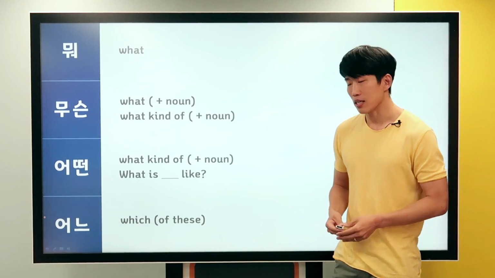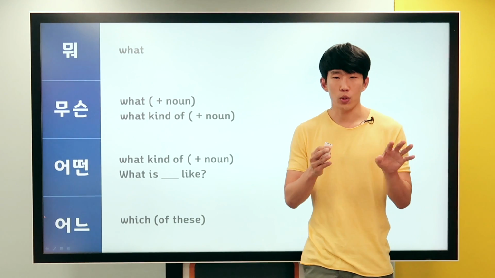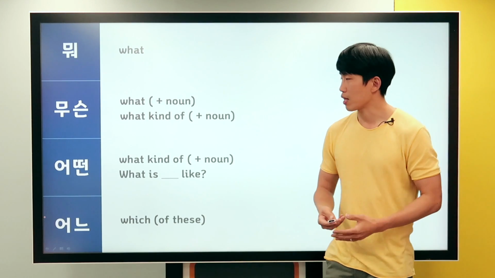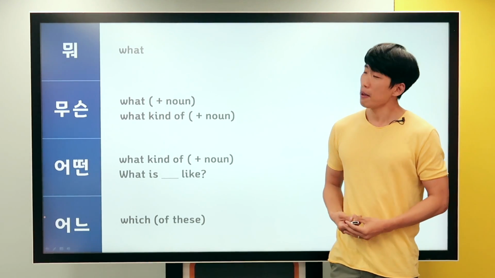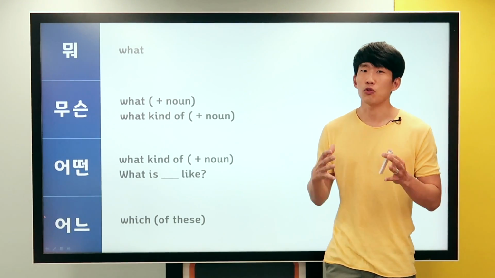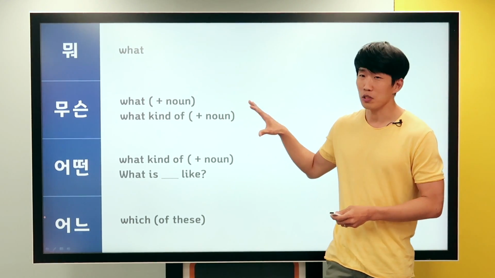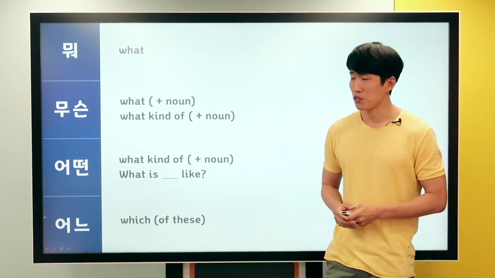And then 어느 is which, when you're talking about which of these or which of these people do you want to pick, something like that. So that's the bottom line. But of course, as with any new word you learn, this is not enough. So a lot of sample sentences will be given to you, so please pay attention, all right?